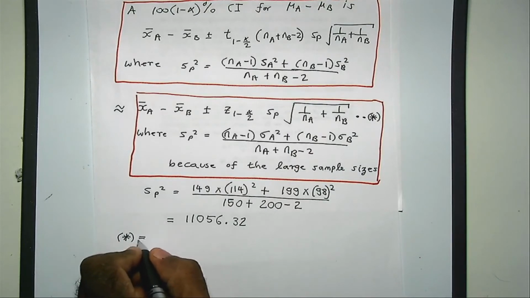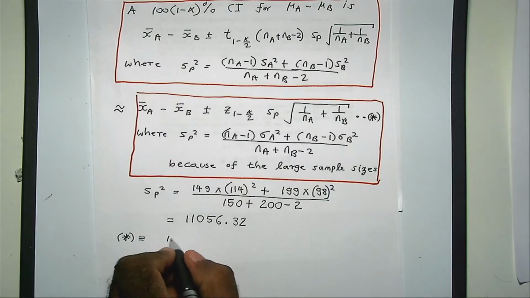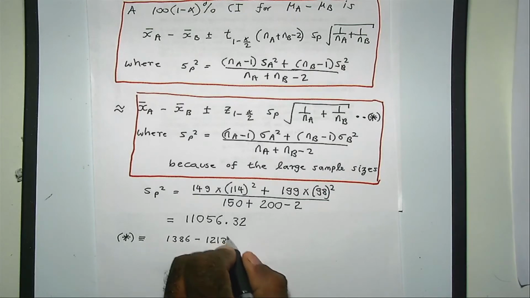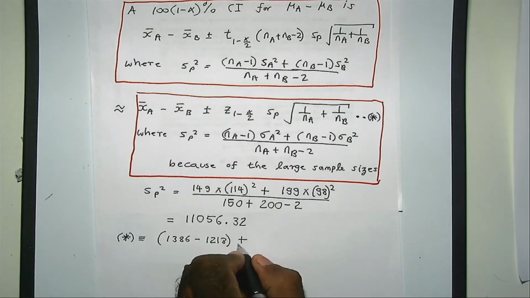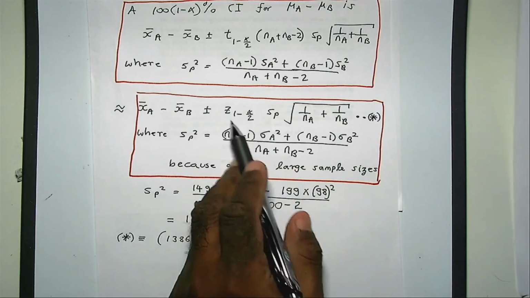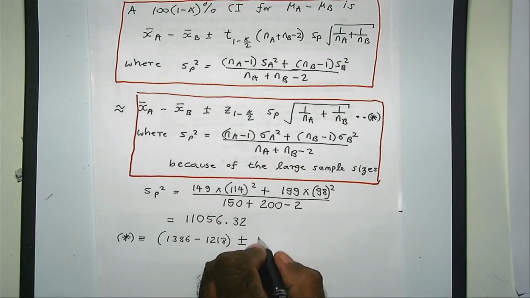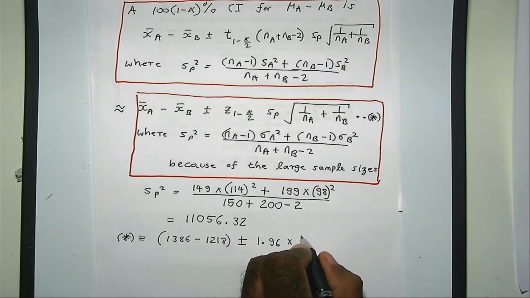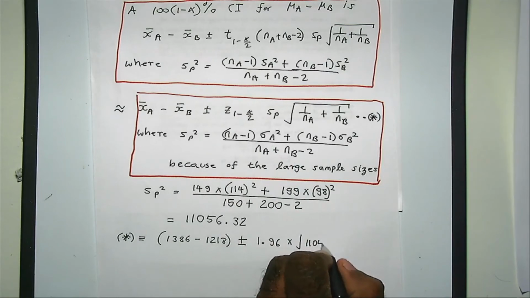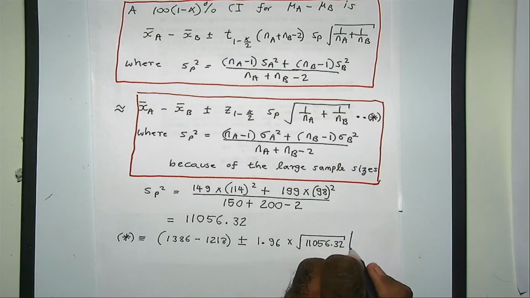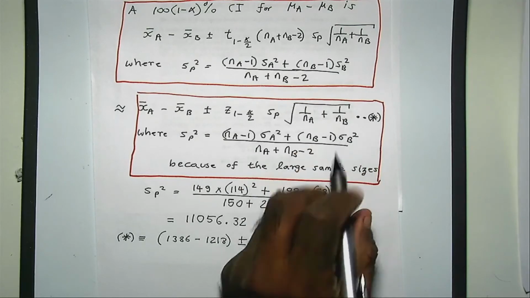It will become x bar A, which we know already is 1386, minus 1218, plus or minus, we are looking for 95%, so your alpha is 0.05, so that will be 1.96, times the square root of this, and then times this formula here.